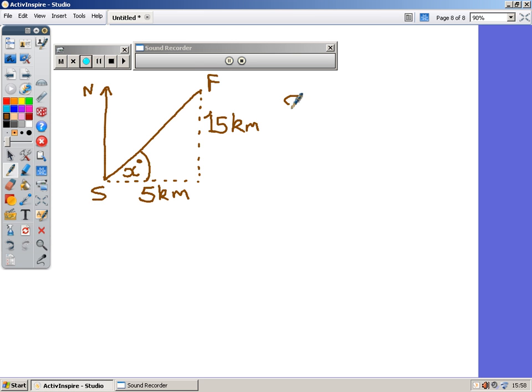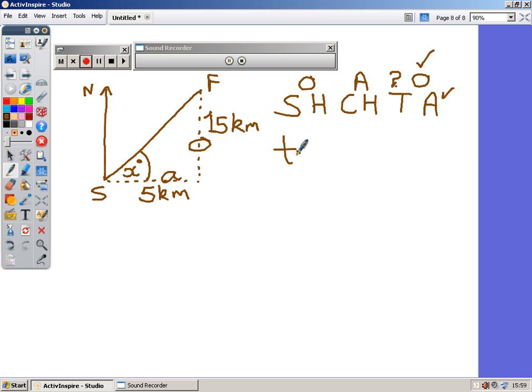So if we go to, I would guess, third year maths, and use SOHCAHTOA, and we know the opposite, we know the adjacent, so we can work out the angle, which is actually the thing we want to know.